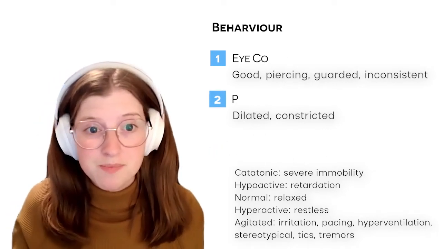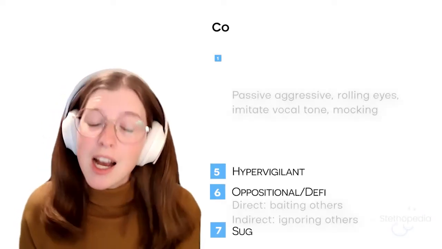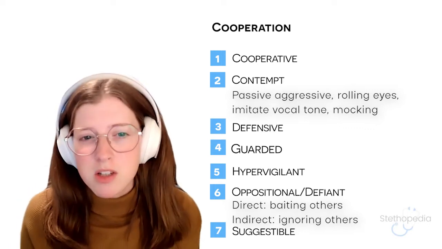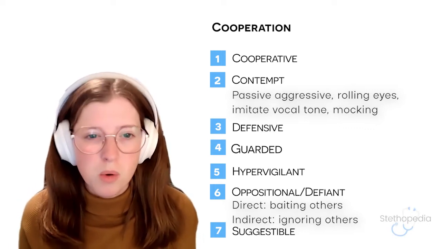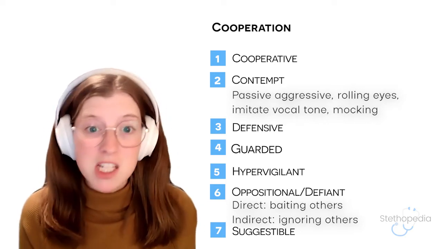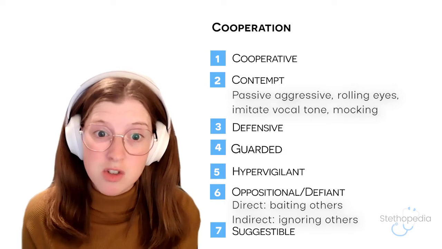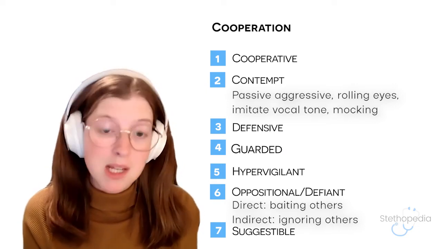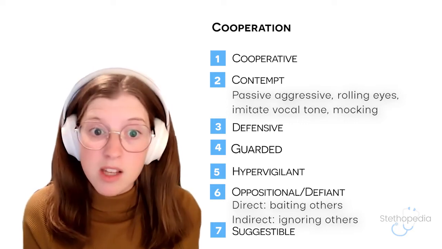The next area of comment is cooperation. Again, this is an observable assessment. This is where you might want to comment on the patient's general attitude towards the interviewer. Were they cooperative? Was there a passive aggressive style of relating to the interviewer? Were they rolling their eyes? Were they speaking in an imitating vocal tone, mocking the interviewer?